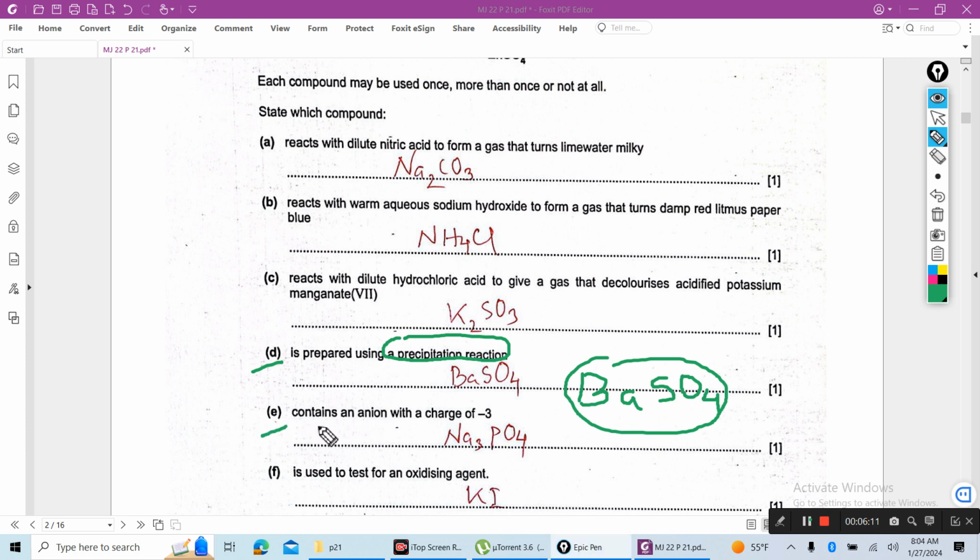E contains an anion, meaning a negative ion, with a charge of -3. You know, phosphate ion, PO4 3-. This is the formula of the phosphate ion. This is sodium phosphate.